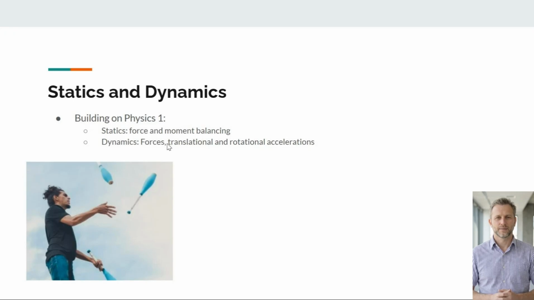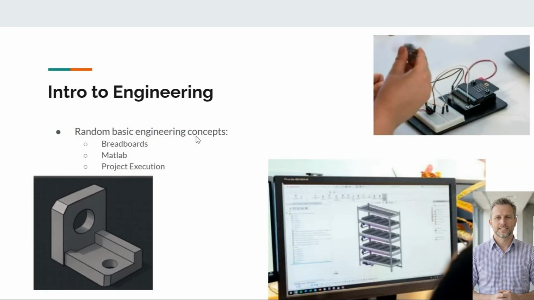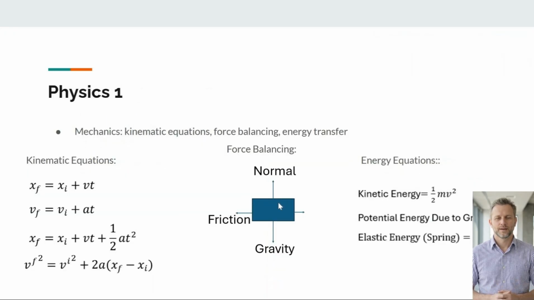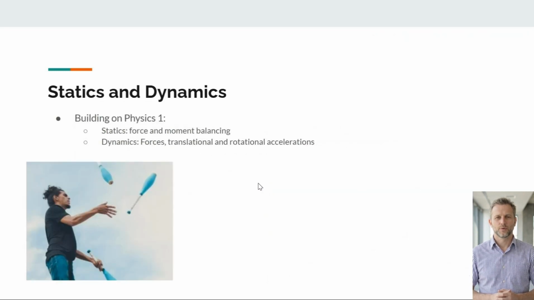And then this is one of your first big engineering courses from the mechanical engineering department. In statics and dynamics, you're pretty much building on Physics 1. You're doing a lot of the same force and moment balancing, except in Physics 1 you don't really go over moments. Moments being, for example, if you have a rod and a force acting on the rod, it's going to have a moment on it. If there's a moment imbalance, then not only is it accelerating linearly, but it's also accelerating rotationally, like with this guy juggling these pins.